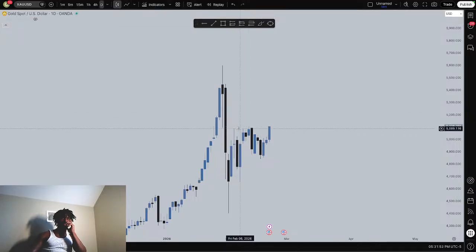Daily time frame. So we're bullish. Nice bullish close above resistance. This is the main zone.